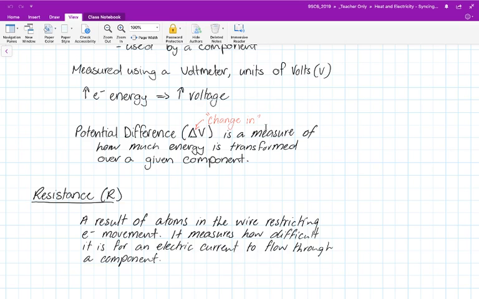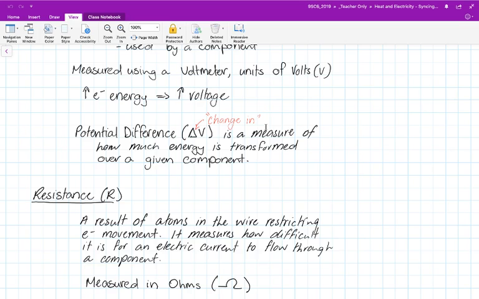Now, we measure resistance using a funny unit called ohms. That's named after a person, so it's measured in ohms, which looks like a Greek letter. That's what ohms looks like.